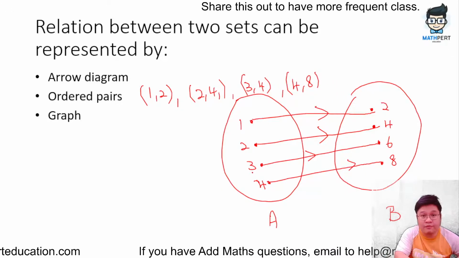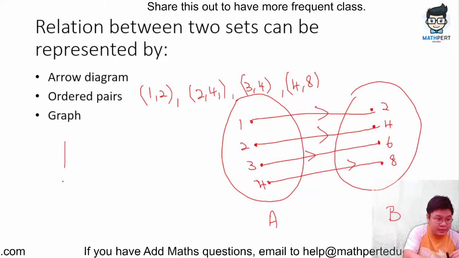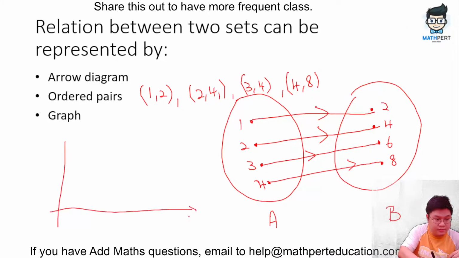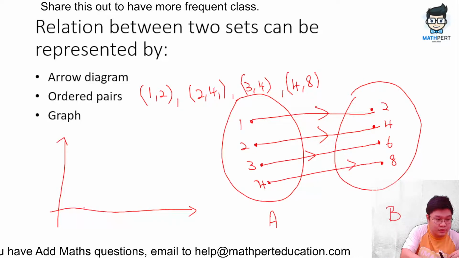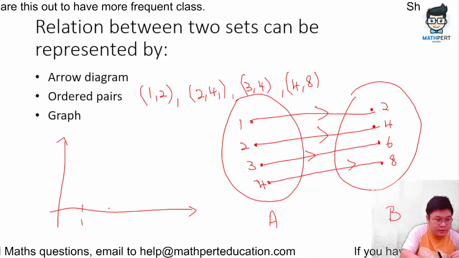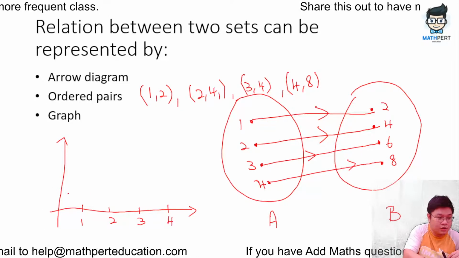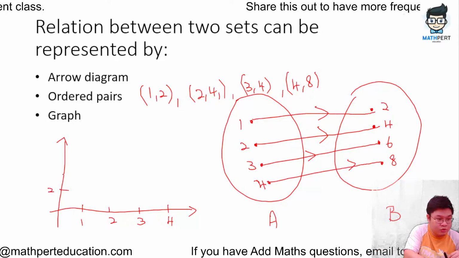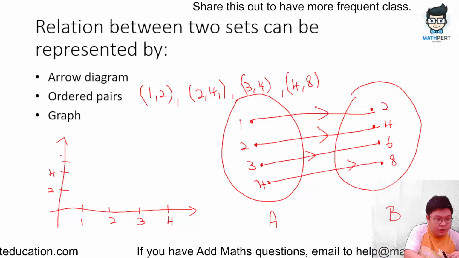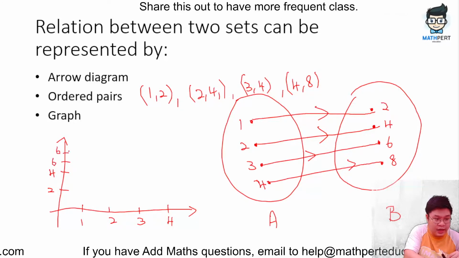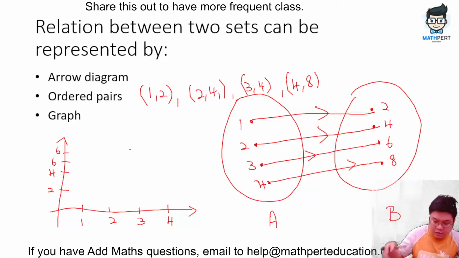And then what about the graph? The graph will be something like this. This is 1, 2, 3, 4 and this is 2, 4, 6, 8.